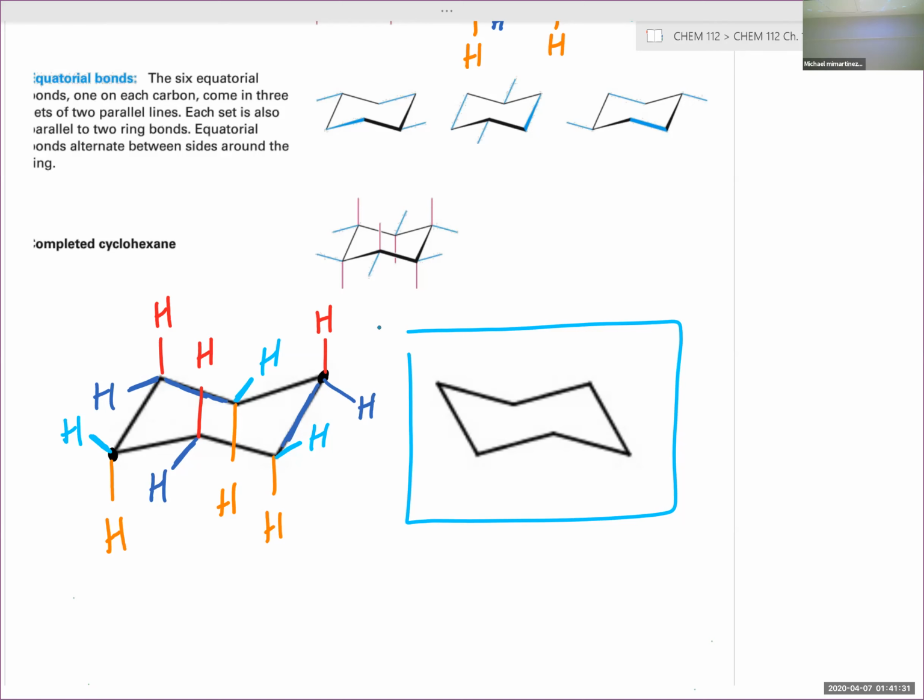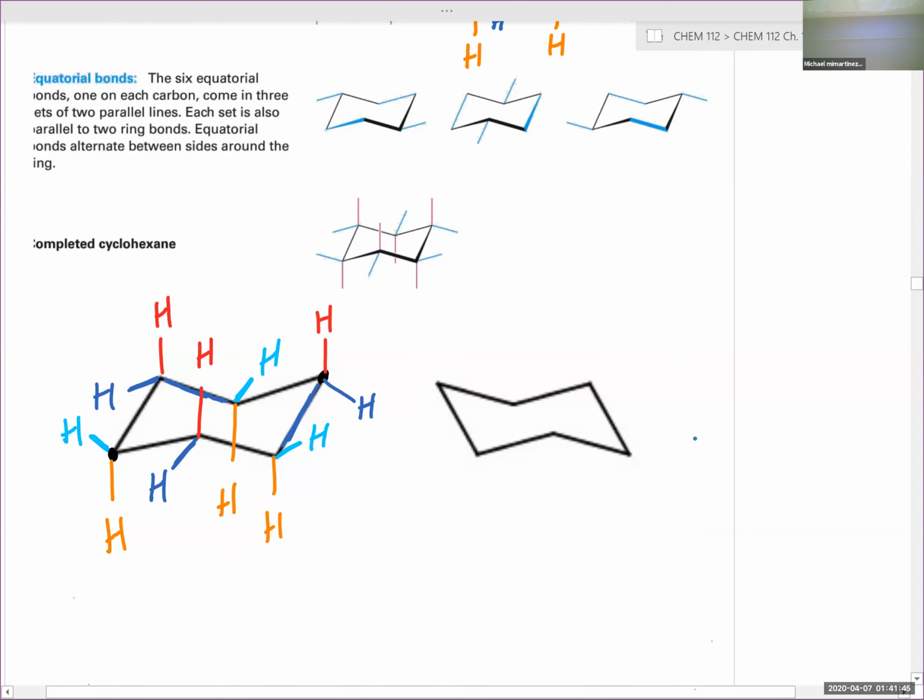And I want you to then either bring the picture up to the camera and share a portion of your screen, or share a portion of your drawing that you've generated on your screen. Let's try that just to see how it works, and I'll give everyone a few minutes to fill in the cyclohexane chair conformation on the right, and then we'll come together to discuss in about 2 minutes.